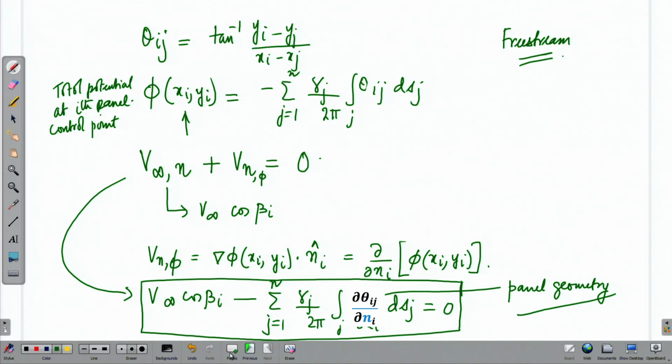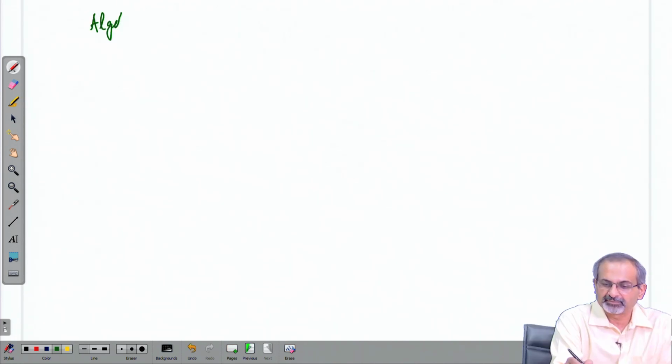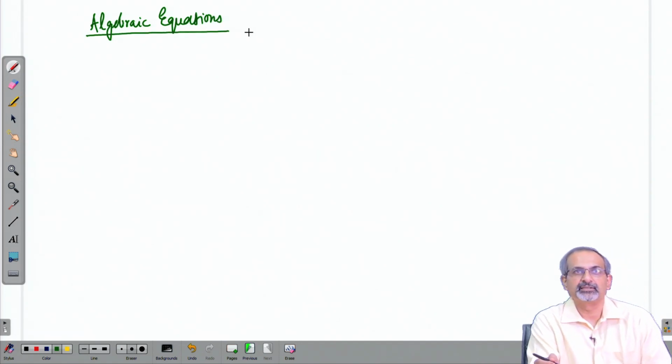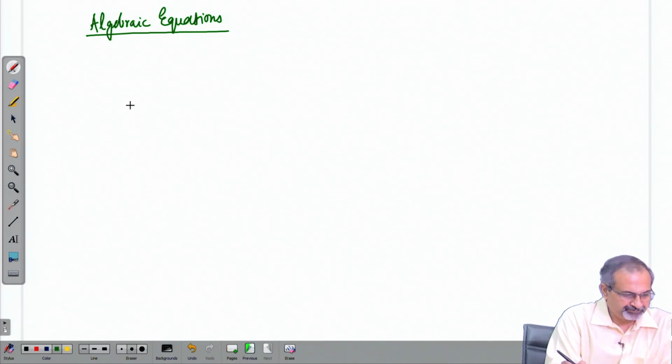So, what do we finally have? We have that objective of generating a set of algebraic equations. You remember that when we were discussing the different steps in a CFD process, we talked about approximating a partial differential equation into a system of algebraic equations. So, here also we are looking at that.